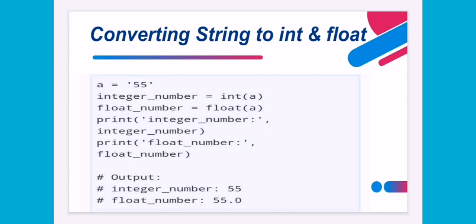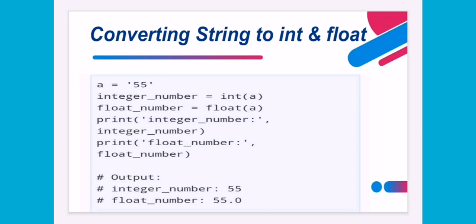Here there is a variable integer number and another variable float number. So I'm using integer number equal to int a. This means I'm converting the variable a into integer, and in the second line, float number equal to float a. This means I'm converting a into float, and a is the string data type.